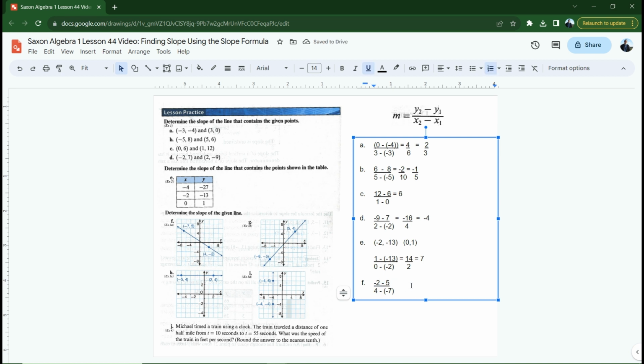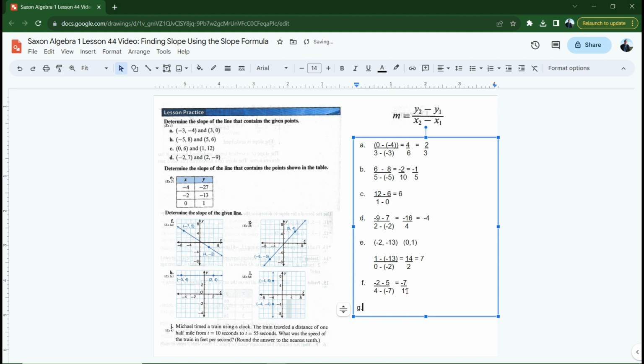I'm guessing this one's just going to be sort of a confusing fraction. Negative 2 minus 5 is negative 7. 4 minus a negative 7 is 4 plus 7. So it's going to be negative 7 over 11. And that one cannot be simplified any further because both of those are prime numbers.